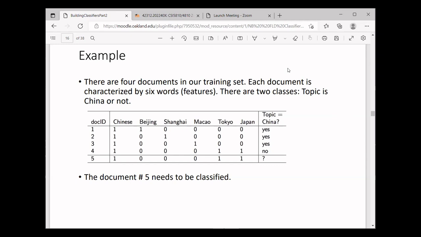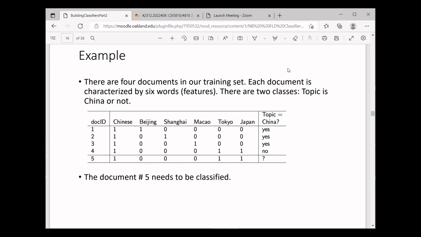Somebody has looked at it and said, okay, the first 3 documents are definitely about China, and the 4th document is not about China. And now your system is given document number 5. For that document, the binary features are China 1, Beijing 0, Shanghai 0, Macau 0, Tokyo 1, Japan 1. So should document 5 be classified as about China or not about China?